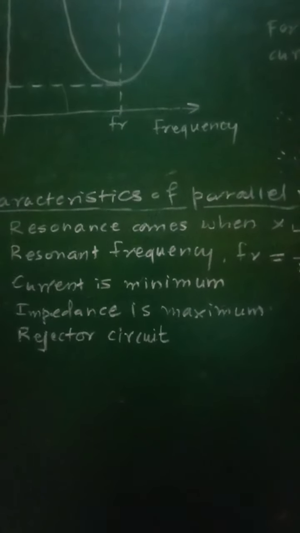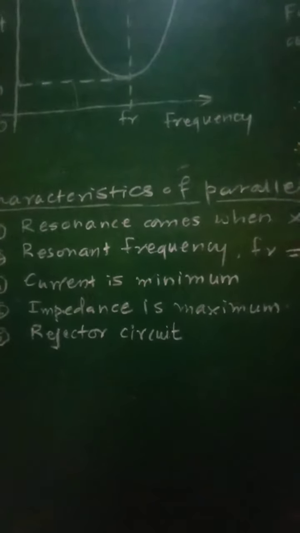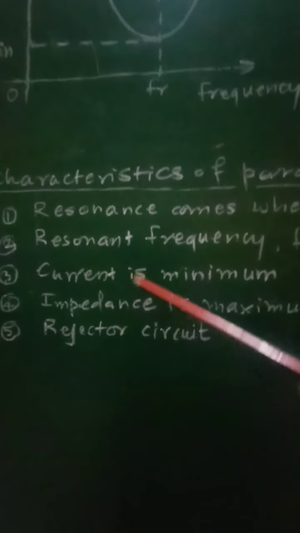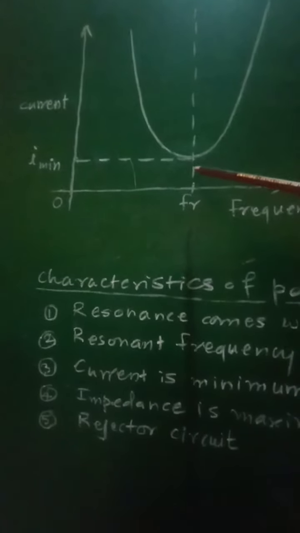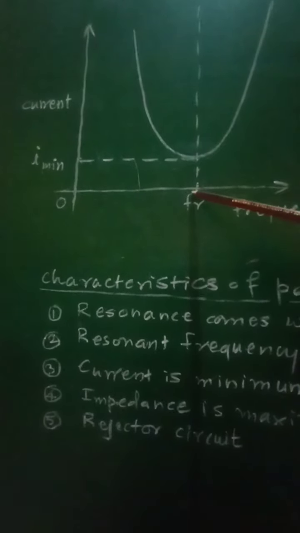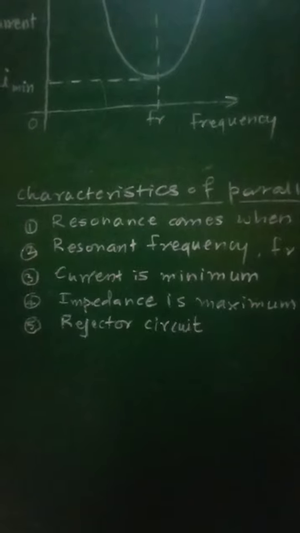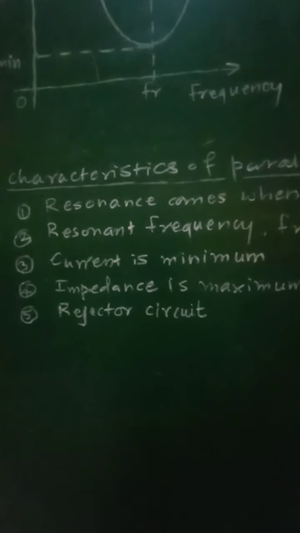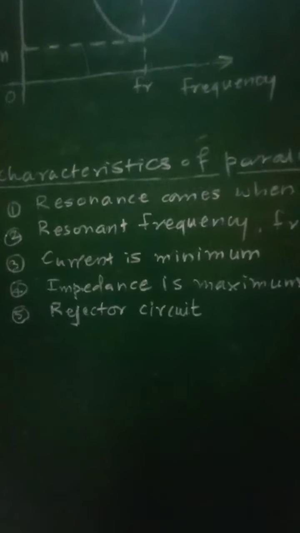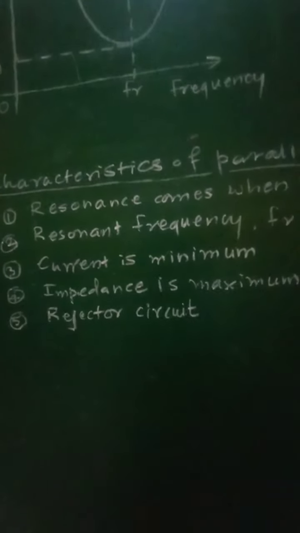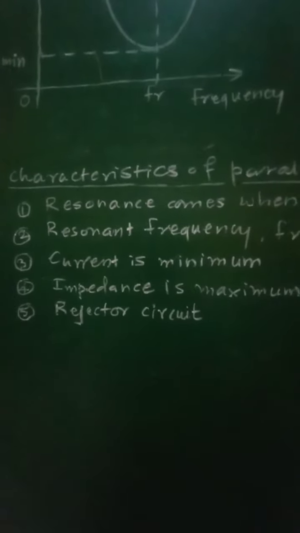And as the parallel resonant circuit rejects current, that is minimizes current, at the resonant frequency only, therefore the parallel resonant circuit is called as the rejector circuit, as it rejects current at the resonant frequency.